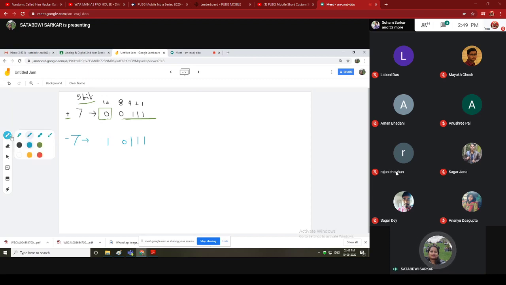Again I am telling you that this one is used for sign. This is not 100111. This is just 1 for representing it as minus. This is -7, this is a negative value, and this is a positive value. This is sign magnitude.